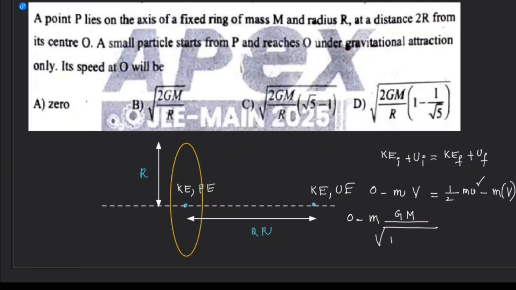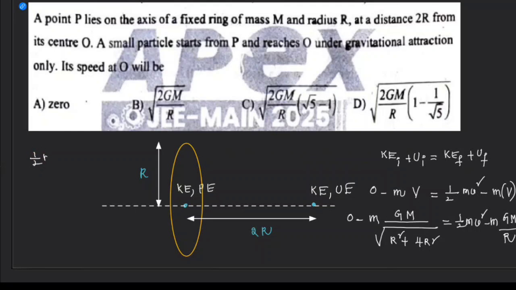Therefore under root of r square plus 4r square, will be equal to half M V square minus M into V at the center, which is G M by r. That is the potential at the center formula. If you bring this to this side, that will be a plus. So let me write here.